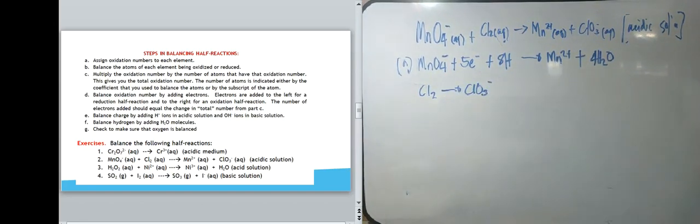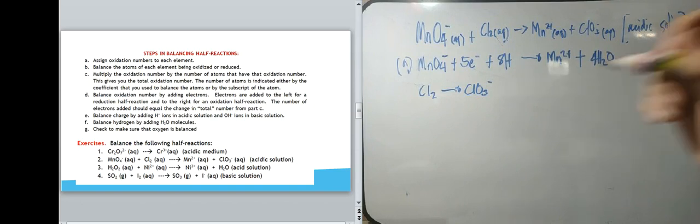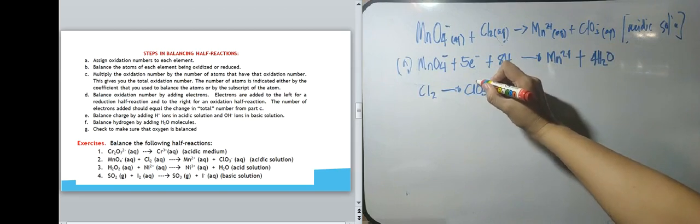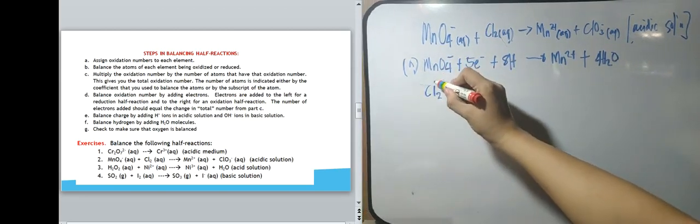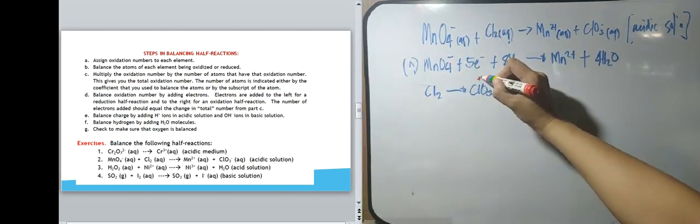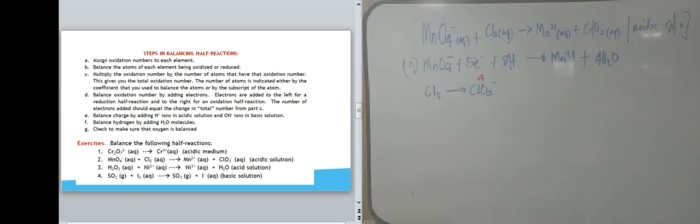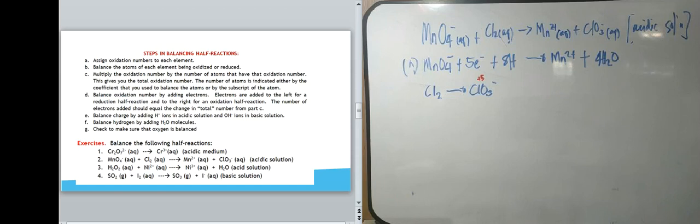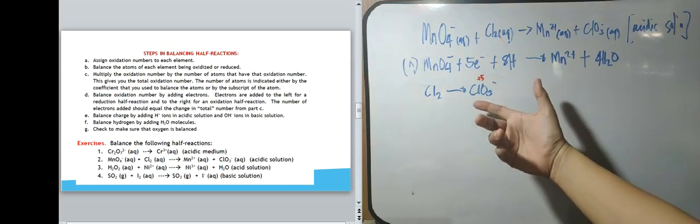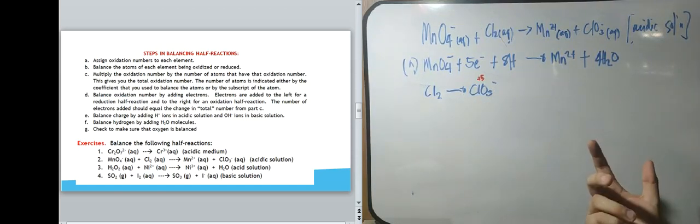Okay. So, we'll move to the next half reaction, which is the Cl2 to ClO3 negative. Earlier, we learned that Cl goes from 0 to positive 5. So, it is oxidation. And for oxidation, the electrons must be on the product side.